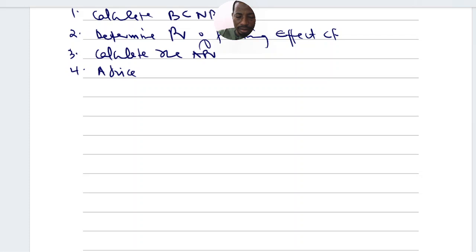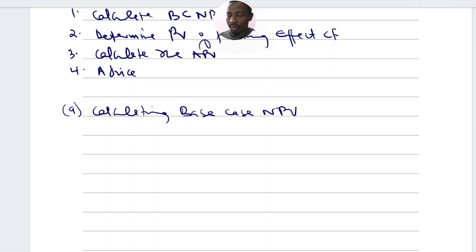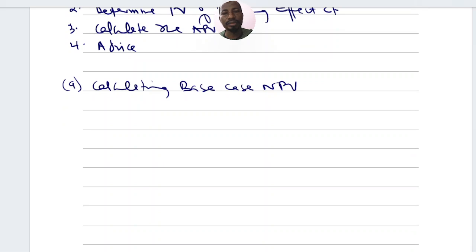Number A, calculating base case net present value. How do you do this? There are four procedures that you are going to undertake whenever you want to compute base case NPV.